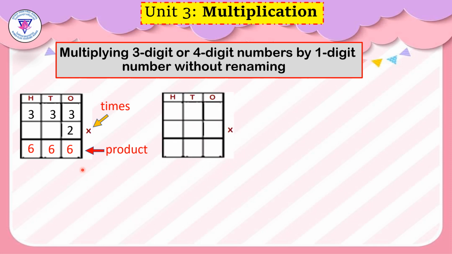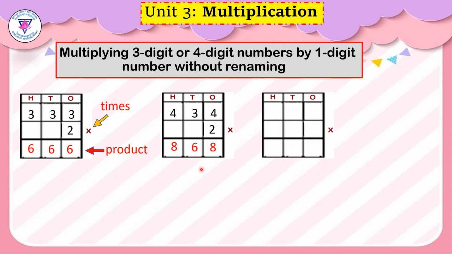Okay, let's proceed to example number 2, which is 434 multiplied by 2. So we have 4 times 2 is equal to 8. 3 times 2 is equal to 6. And then 4 times 2 is equal to 8.